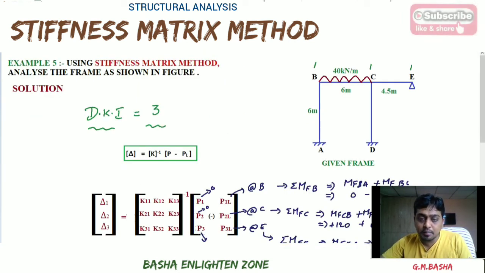P1, P2, P3 will be 0, and P1L value, P2L value, P3L value. In the same way, delta 1, delta 2, delta 3 are the displacements. So already you people simplify all these values K11 to K33. Just substitute all the values in the formula. Directly you will get the value.